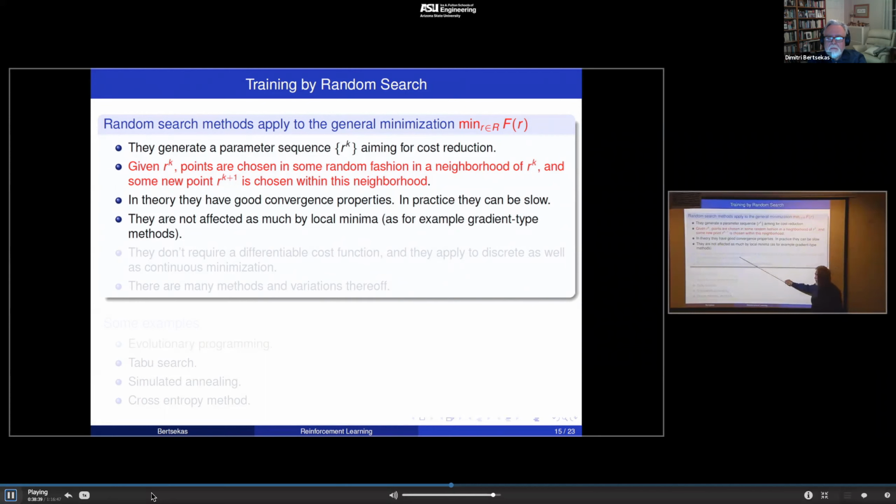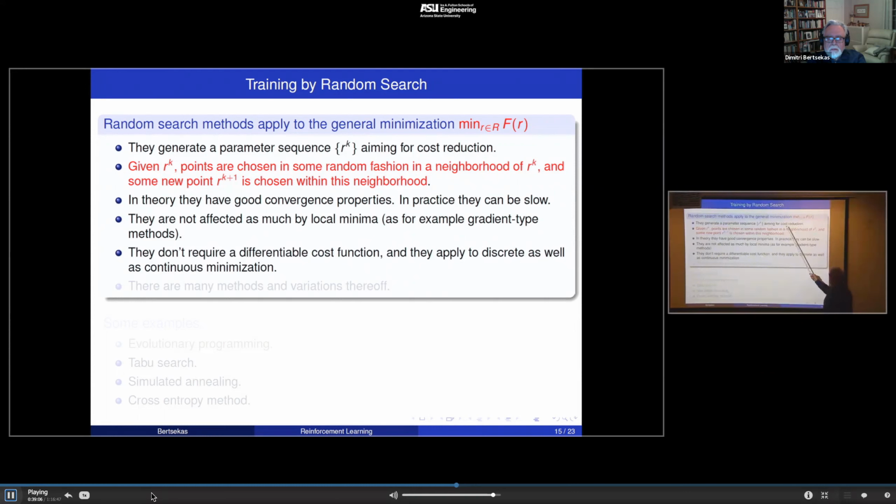Gradient type methods are affected by local minima. These are not affected that much. In theory, this method can find the global optimum, approximate the global optimum arbitrarily closely, given a sufficiently large number of random points or iterations. They don't require a differentiable cost function either.